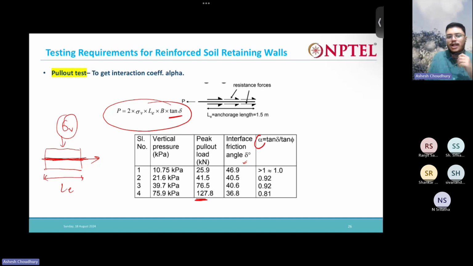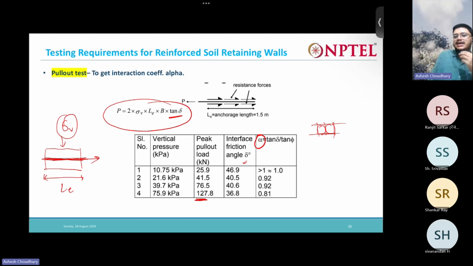Generally the interaction coefficient is less than 1, but we can have an interaction coefficient of 1 also if we use geogrids with very large aperture size. At that time, the contact is only soil to soil, right?